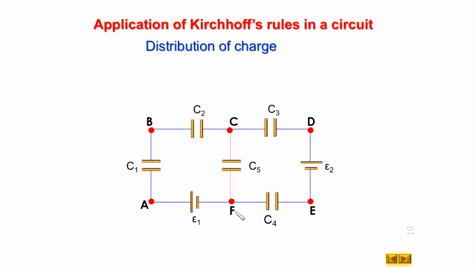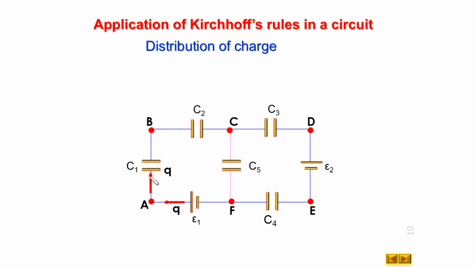So let us start from any of the batteries. Let us start from battery E1. The positive plate of the battery may supply the positive charge. So we can make the arrow here and write charge Q. You can observe Q charge is entering this plate. Before supplying the charge, this plate was neutral.